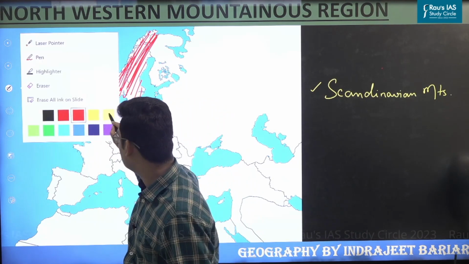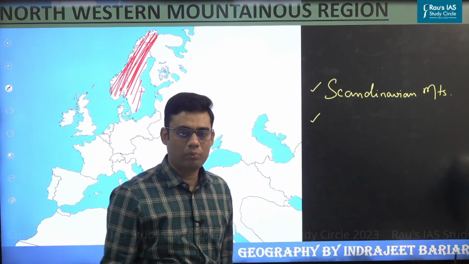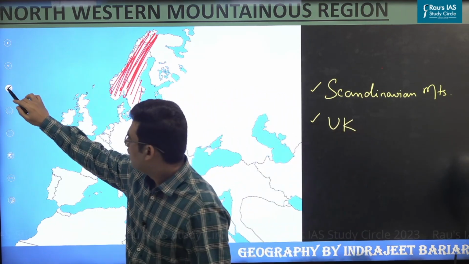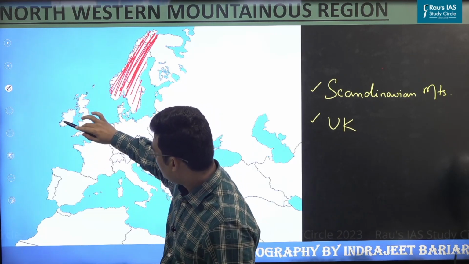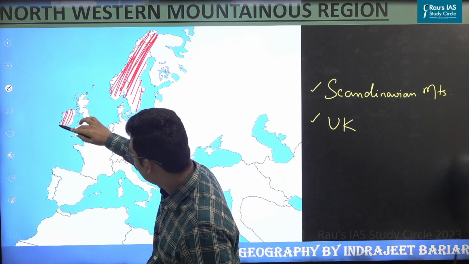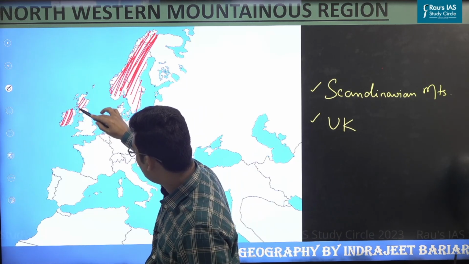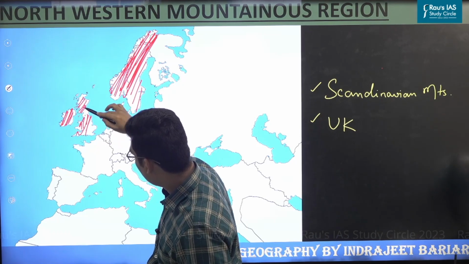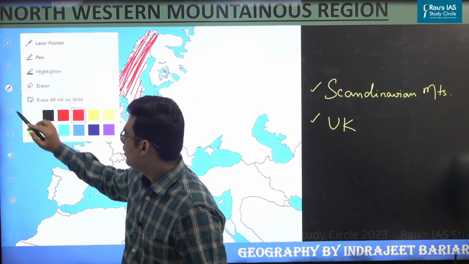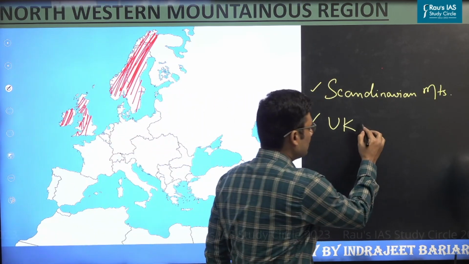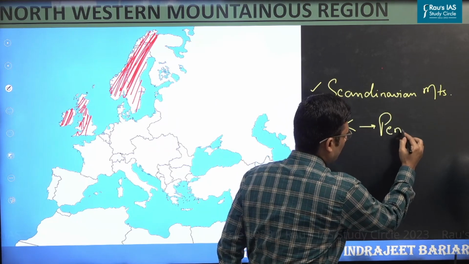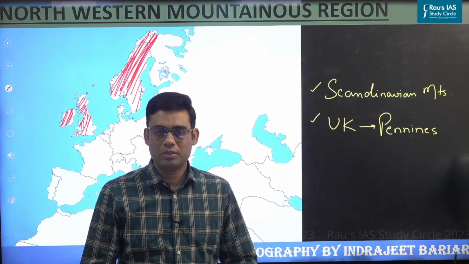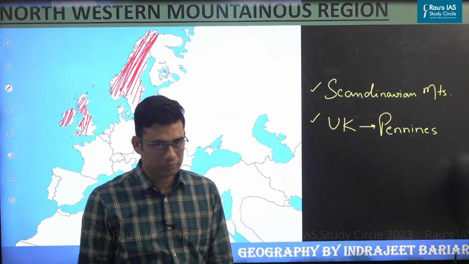And the second system I can identify is the one spreading across parts of the UK, across Ireland, the Scotland part, and Western England. In England, these mountains are known as the Pennines. This is the northwestern mountainous region.